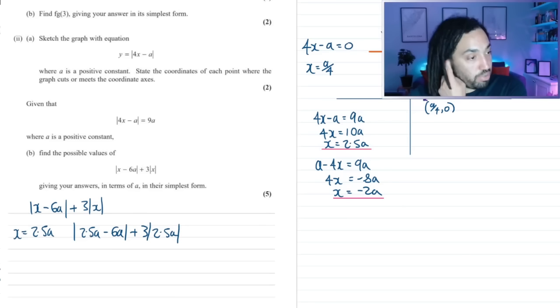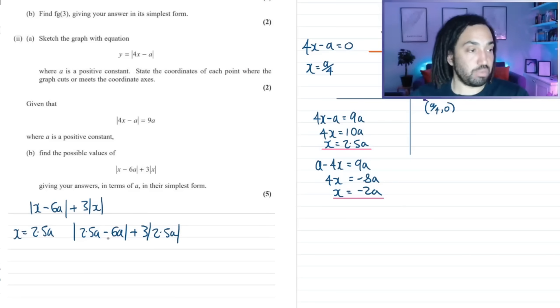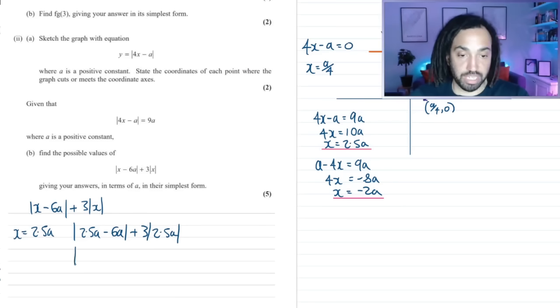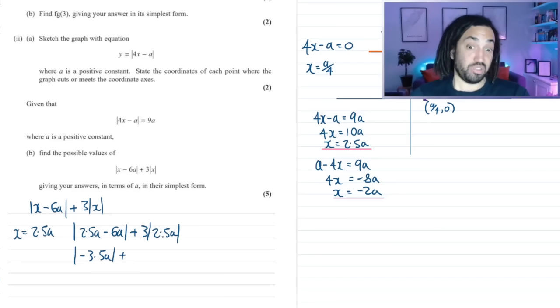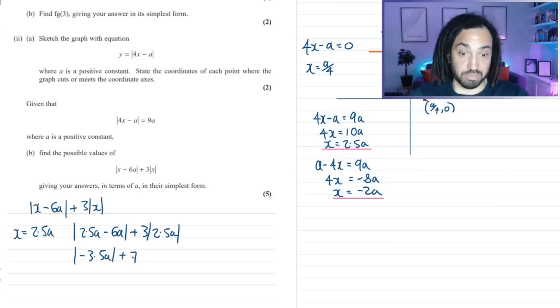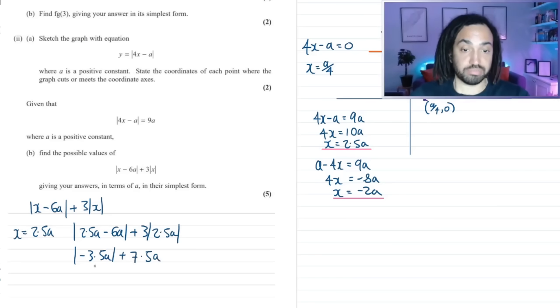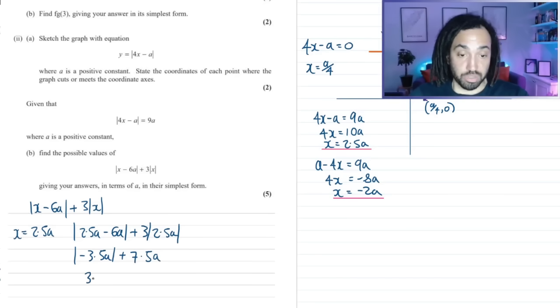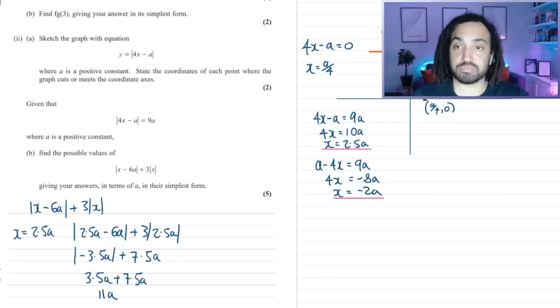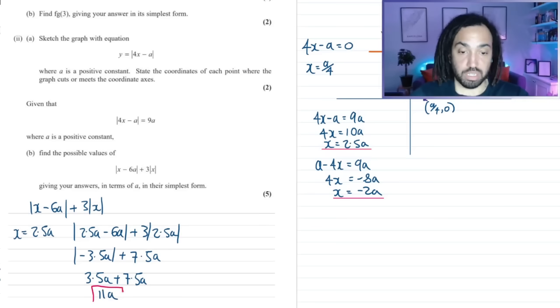So this is 2.5 minus 6, which makes a total of minus 3.5. And then the modulus here is not doing anything because that's positive anyway, so times it by 3 is 7.5a. Now the modulus turns this positive, like so, and then we add those together, we get a total of 11a. Okay, so that is one solution.